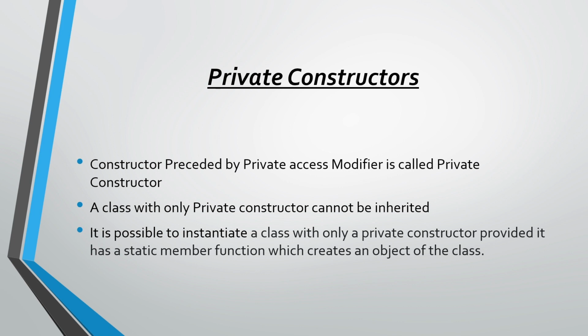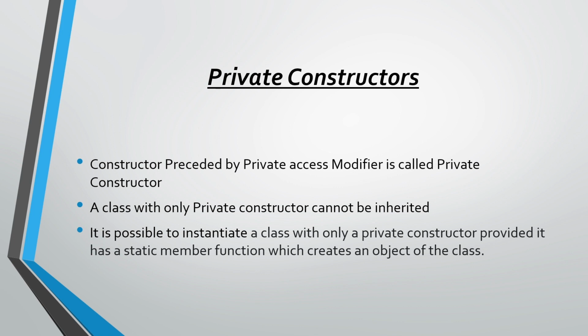Then it is possible to instantiate a class with only a private constructor, provided it has a static member function which creates an object of the class. So how will you create the object if your class has only a private constructor, right?